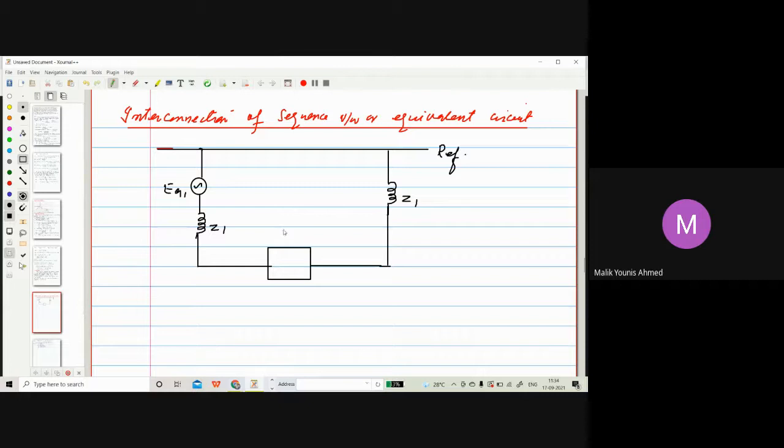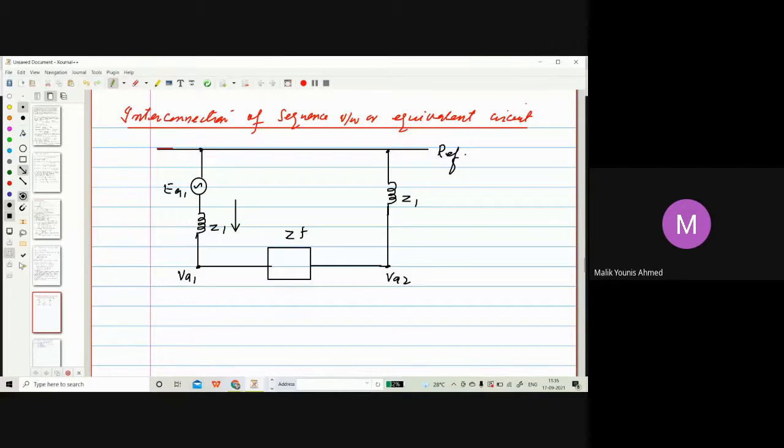This is your ZF. So between this reference point and this point, there is a voltage VA1. Between this reference point and this point, there is a voltage VA2. Okay. So positive sequence current will be flowing like this.